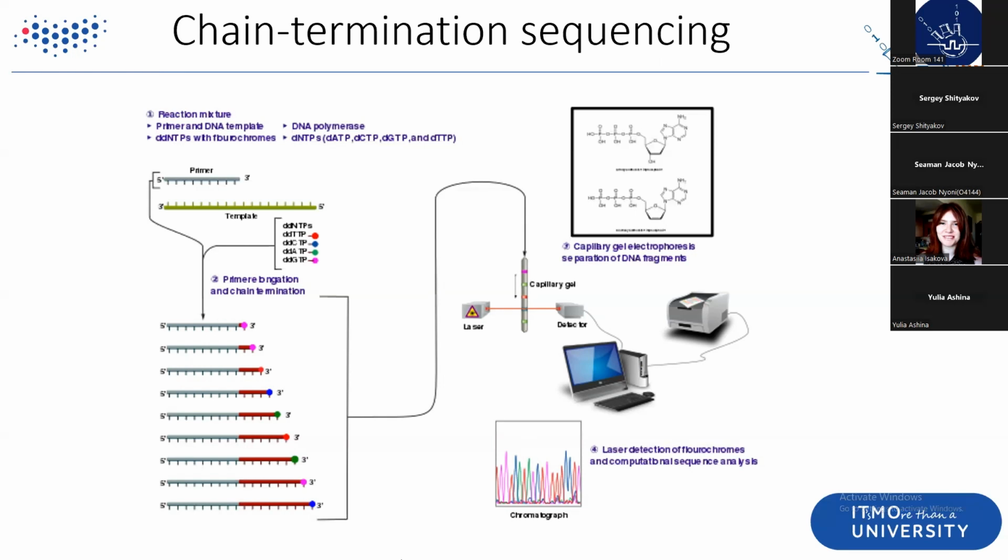So the sequence read is usually 500 nucleotides, and Sanger sequencing is still widely used in public health departments to sequence small DNA, especially in the last years when it was needed to sequence the spike protein from SARS-CoV-2 for the surveillance of this outbreak.